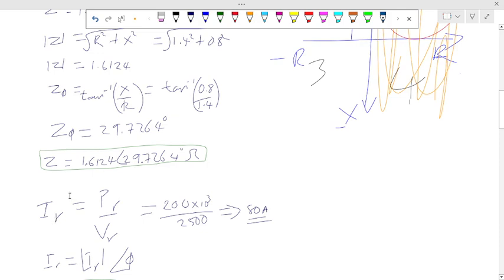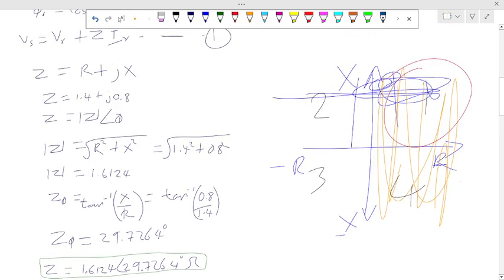Then for IR, in the formula, power equals voltage multiplied by current. So if you take the power and divide it by the voltage, you get your current. We already have the power at the receiving end, PR, and the voltage at the receiving end, so that's what we did here.